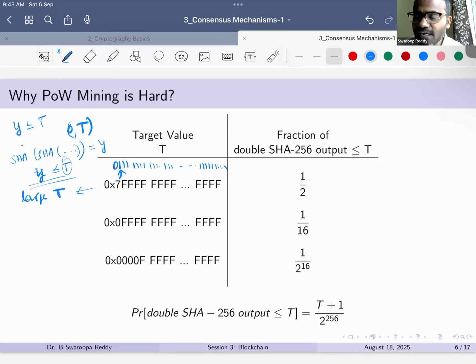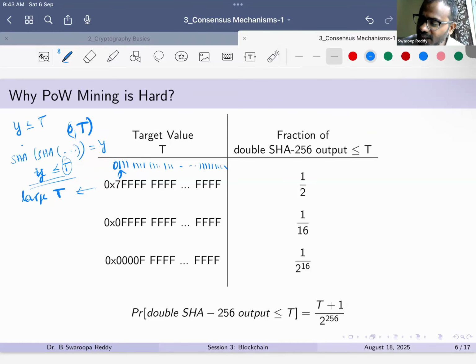Think about this puzzle as tossing a coin, but instead of only heads and tails, the coin has multiple values from 0 to t, with different faces like this side, that side, that side. If you toss that kind of coin, getting a value less than t is very easy if t is very large.